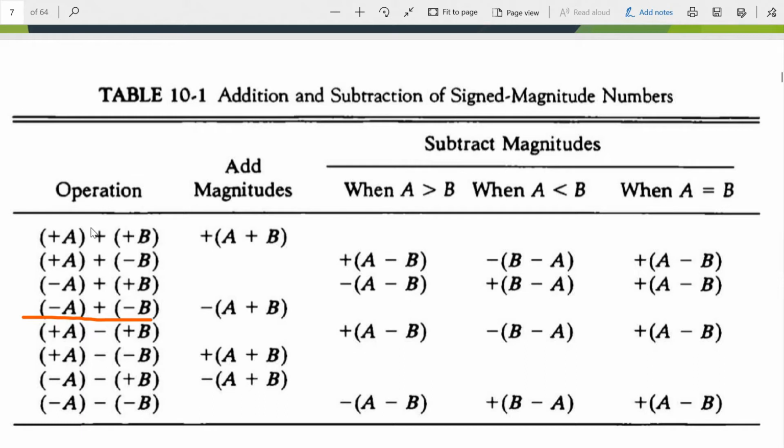Here all are addition operations. Let us see the first one: plus A, plus B. Just assume here A is an array of information, like a register.